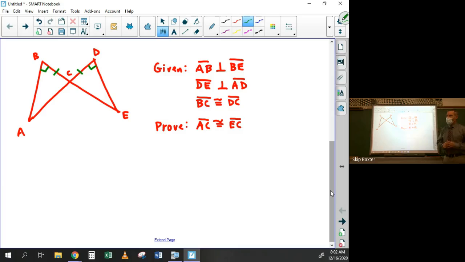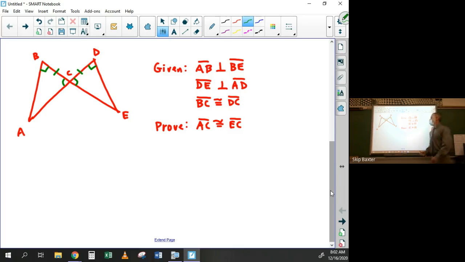So what method can we use to prove that these 2 triangles are congruent? Angle-side-angle, right? Even though we only have 1 pair of angles explicitly given to us, we can prove that these angles are congruent as well because they're vertical angles. So we're going to use angle-side-angle to prove the triangles are congruent. Then once the triangles are congruent, we'll have AC and EC congruent by CPCTC.